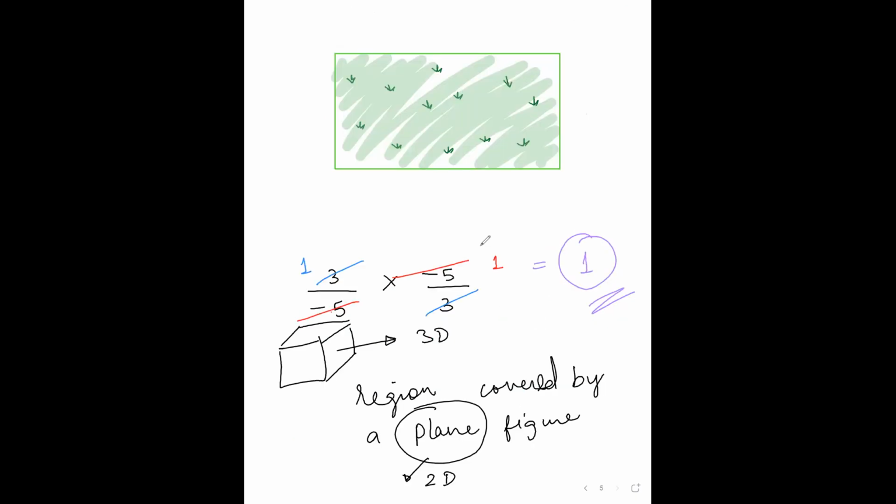Area is the region covered by a plane figure. Area is a word that you even use in everyday language. Like when you say, in my area we do this. When you're talking about your neighborhood or your locality, you say, in my area we have so many shops. So what is area?